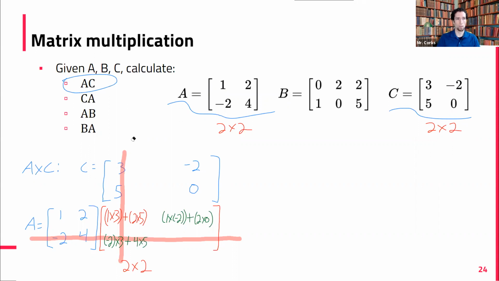All right, and then our last one, our second row and our second column. What are the operations here? -2 times -2. Okay, -2 times -2 plus 4 times 0. So those are all the actual operations that we're doing to find out each of these positions. So now that's done.